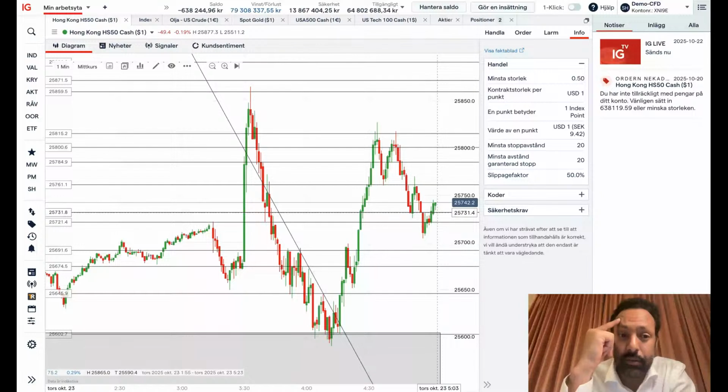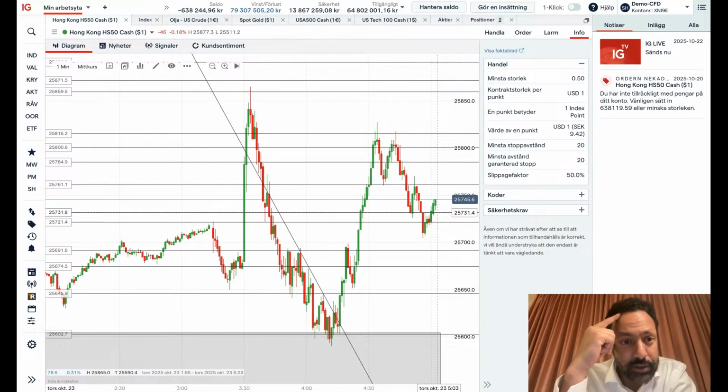Same thing again, long. I'm not moving the stop forward in the same way this time because this one I think can break higher. Even though, of course, we're starting to get close to dangerous patterns now. So I'm long from 20, right?